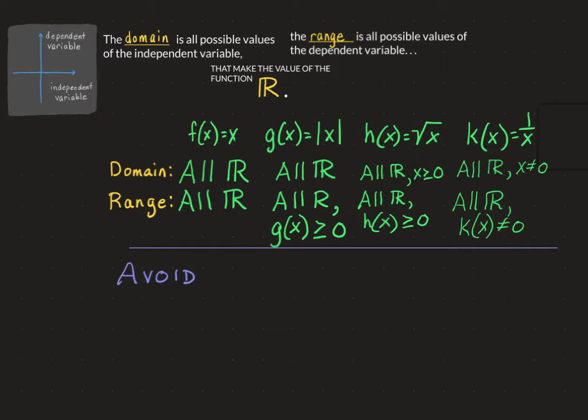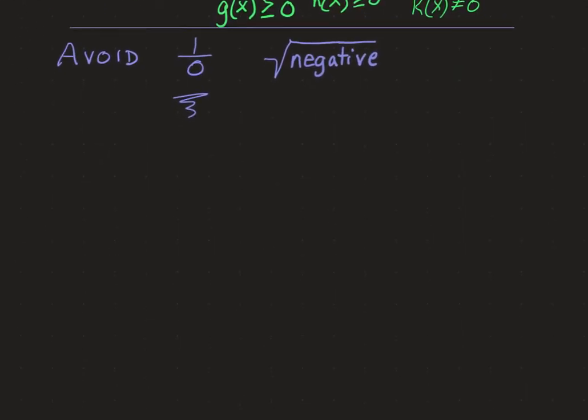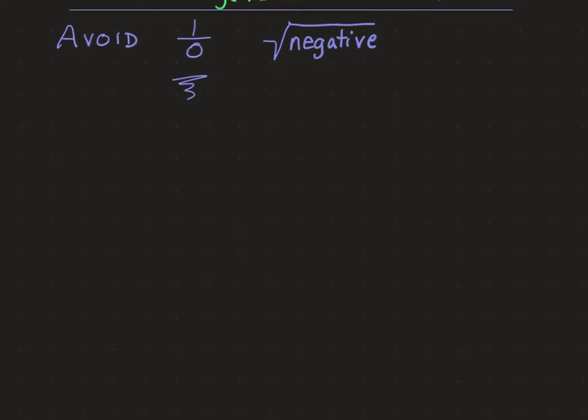We need to avoid division by 0, and we need to avoid the square root or any even root of a negative number, because those, in this case, 1 divided by 0 will be undefined, and the square root of a negative or an even root of a negative is an imaginary number. So let's take a look at some more complicated functions, but we're going to remember to avoid those situations that are now at the top of the screen.